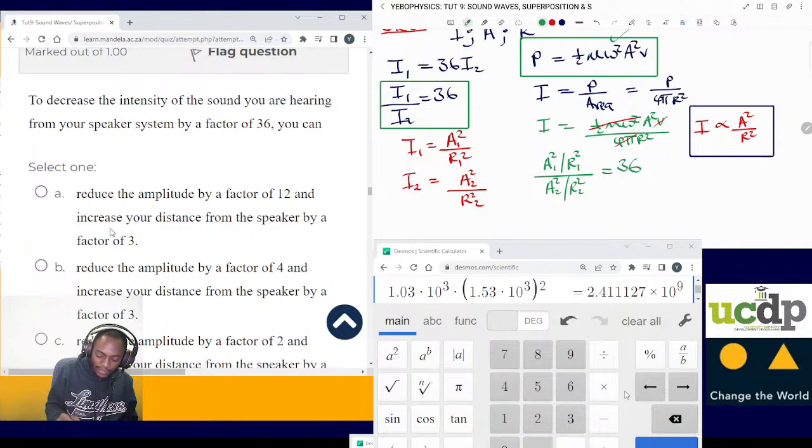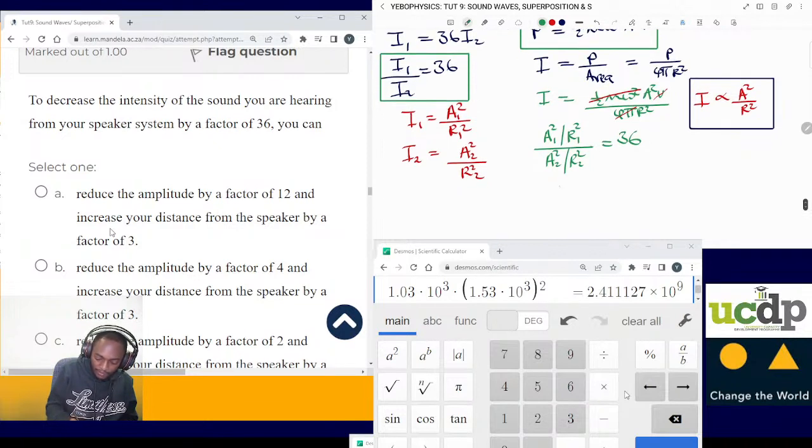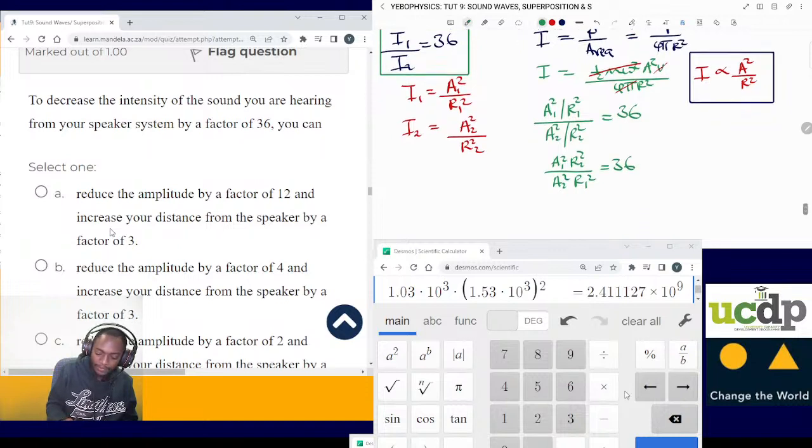If you simplify this by division, it becomes A1 squared R2 squared over A2 squared R1 squared, equated to 36.